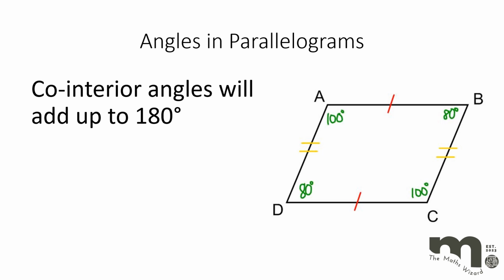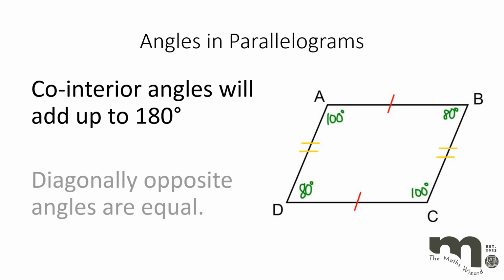This applies to squares and rectangles as well, but it is quite important when it comes to parallelograms. Another rule to remember with parallelograms is that the diagonally opposite angles are always the same size. So we've got these two here that are 80, and these two there that are 100.